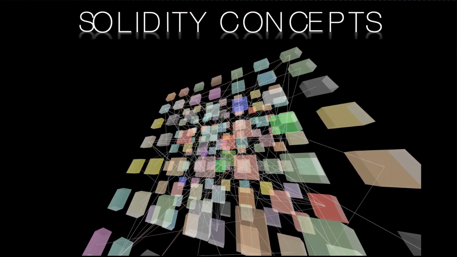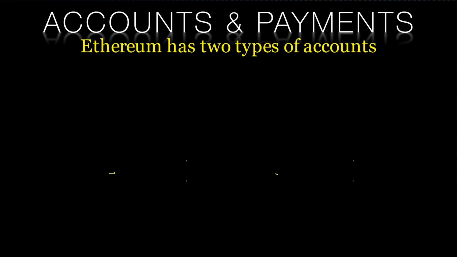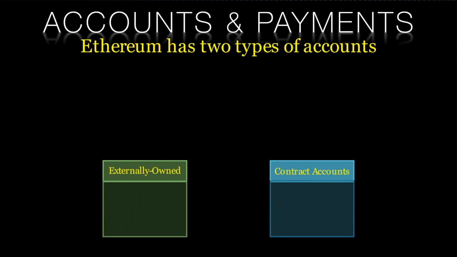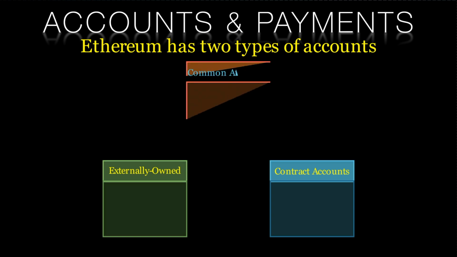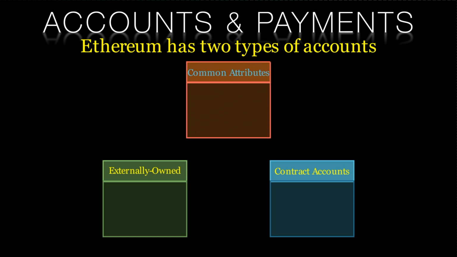Let's talk about accounts. Accounts are a fundamental element of Solidity. They come in two types: externally owned accounts and contract accounts. Both types of accounts share attributes in common. They have an address where they live on the blockchain and from where they can be invoked. They have a public key so that funds can be sent to them, and they contain balances of Ether or some other cryptocurrency.